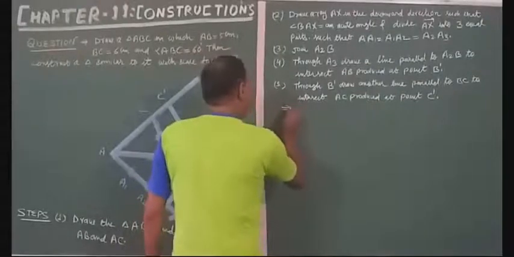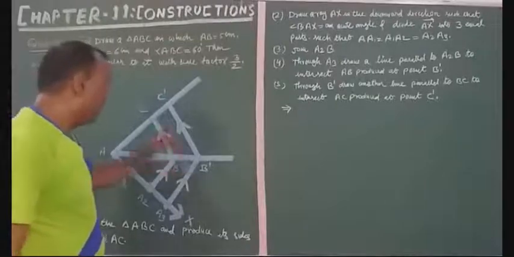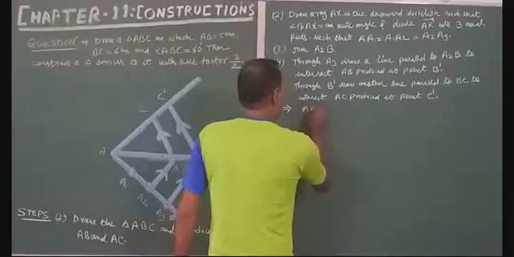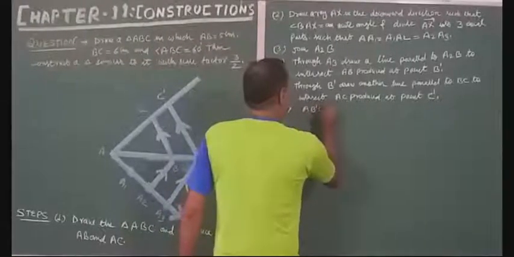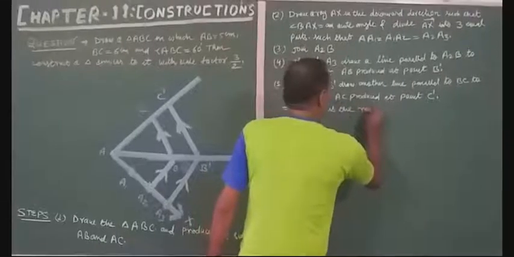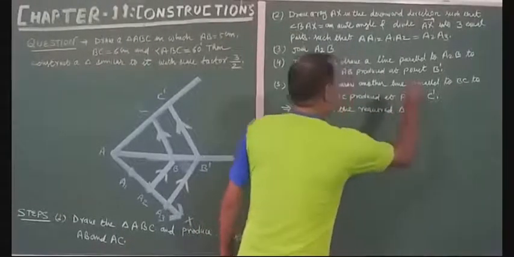Now, just look here. The triangle A, B dash, C dash is the required triangle.